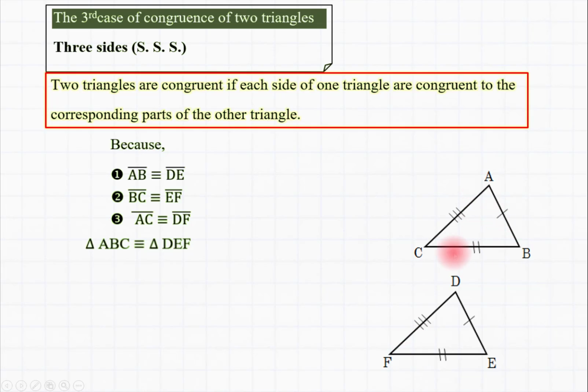Therefore, triangle ABC is congruent to triangle DEF, SSS, or side, side, side. Then we can find the missing three angles: angle A will be congruent to angle D, angle B to angle E, and angle C to angle F.